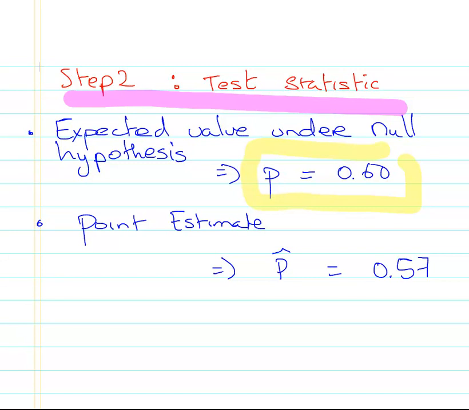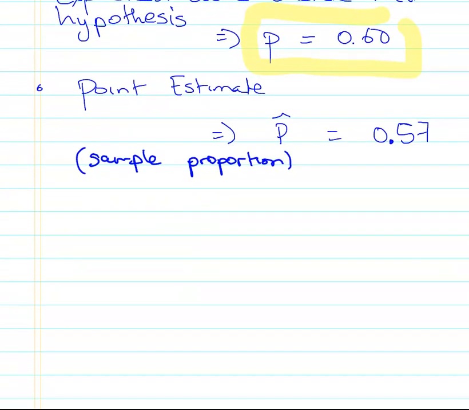But when we carried out our survey, we found 57% in favor of our 1,000 people. This is the sample proportion, which we're going to use in our test statistic, our observed difference. Just remark that our sample size is 1,000, which is worth bearing in mind.